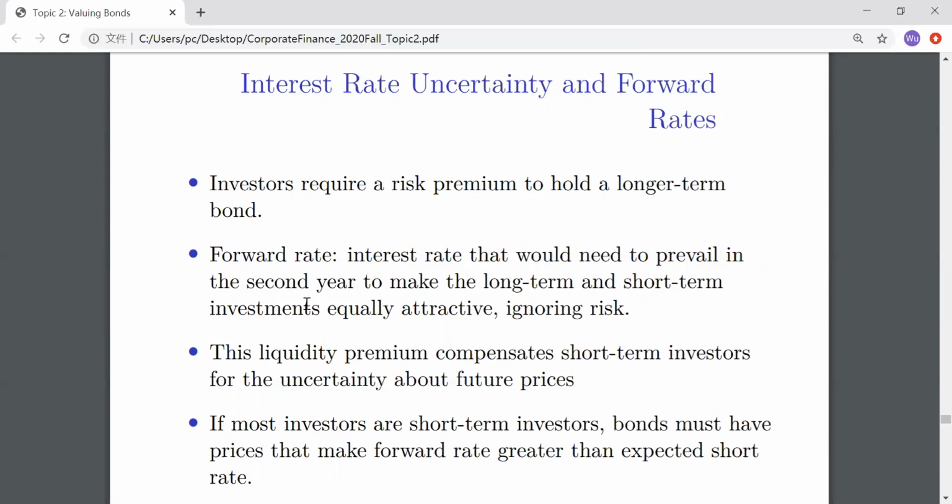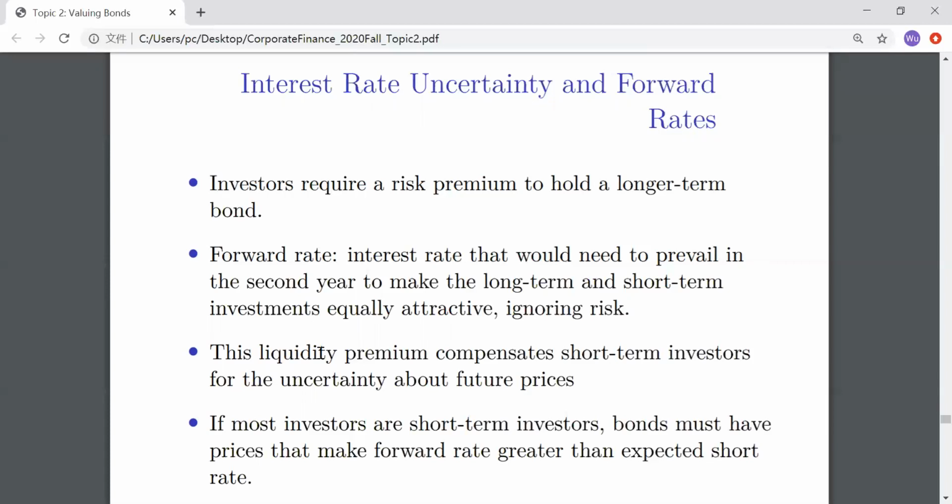We also call this risk premium liquidity premium because it compensates short-term investors for the uncertainty about future prices. So why is it called liquidity premium? Because when short-term investors hold long-term bonds, they are essentially giving up the opportunity to invest in other short-term securities, right? Their money is stuck in this long-term investment.